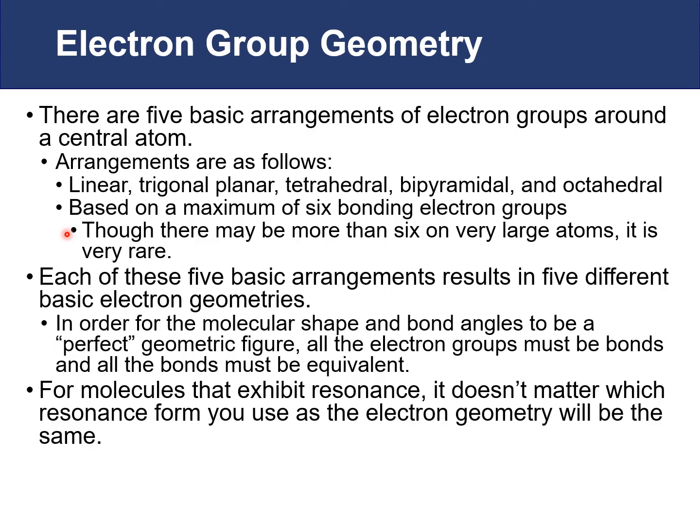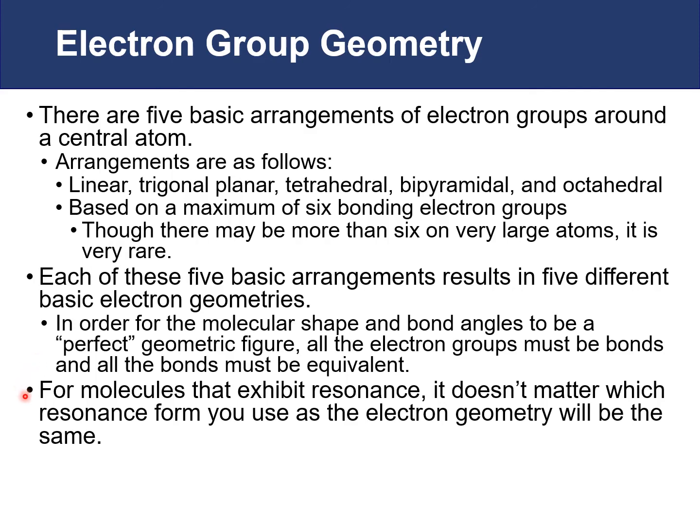This is fairly rare and beyond the scope of this current class. Each of these basic arrangements results in five different basic electron geometries. In order for a molecular shape and bond angles to be considered a perfect geometric figure, all the electron groups must be bonds, and all the bonds need to be equivalent.